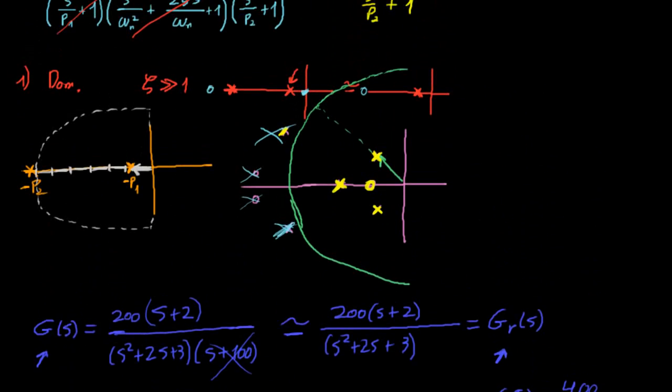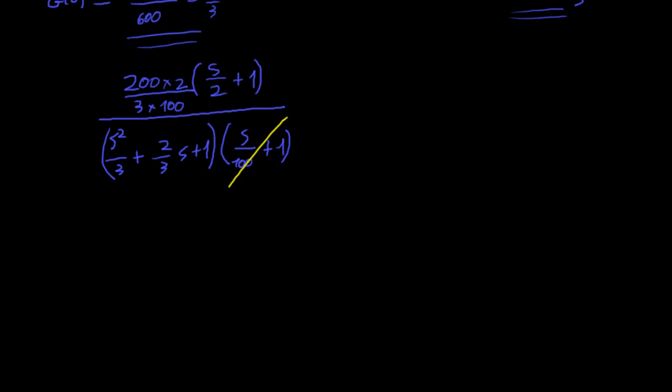Now, regarding cancellation, we've also come across cancellation in previous videos. We saw that when a pole is very close to a zero, its residue tends to be very small, and its contribution in the overall response vanishes.